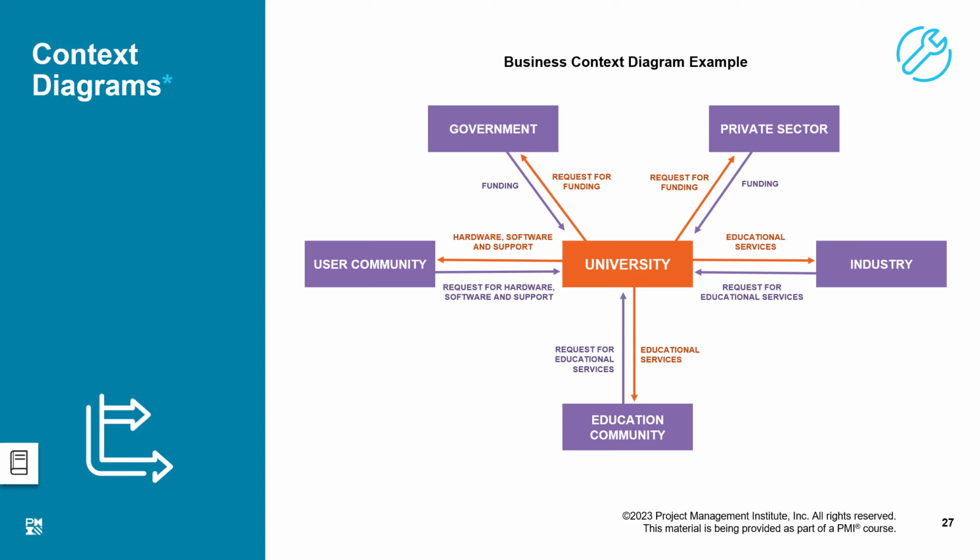User community may be requesting the university for some hardware, software support, and the university provides them that support. This is not as complicated as other visual tools, other representation mechanisms, but this is really good to understand the relationship with all other entities. This is called a context diagram.